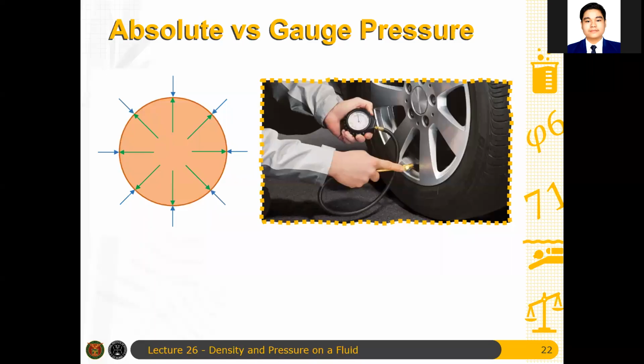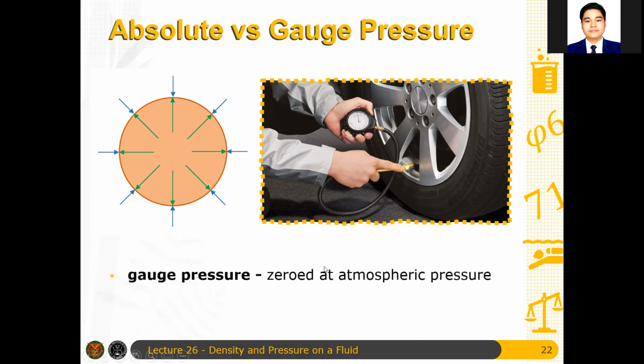Okay, so now let's define absolute and gauge pressure. There are two pressures that we can consider. The absolute pressure has a contribution from the pressure due to the atmosphere.